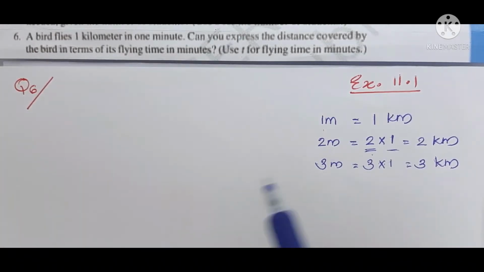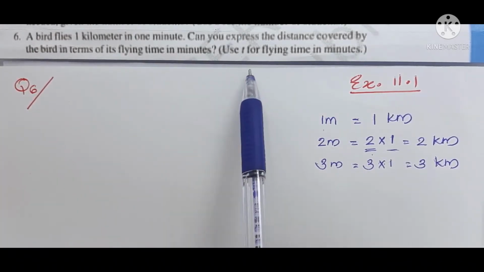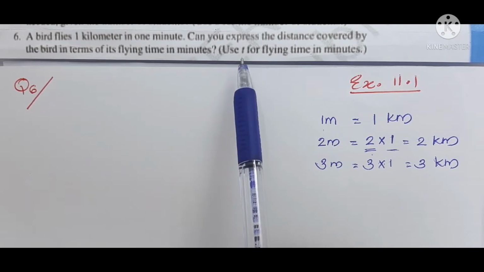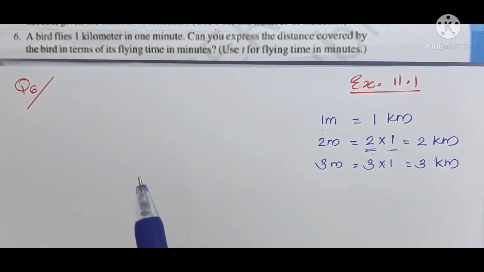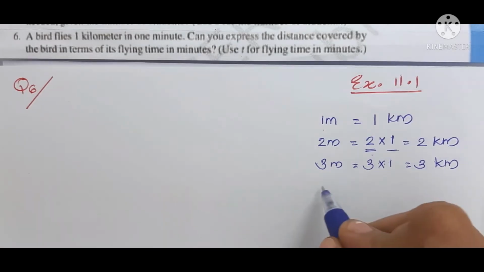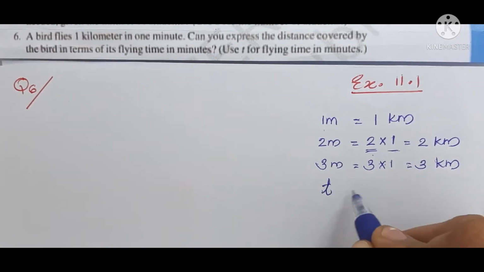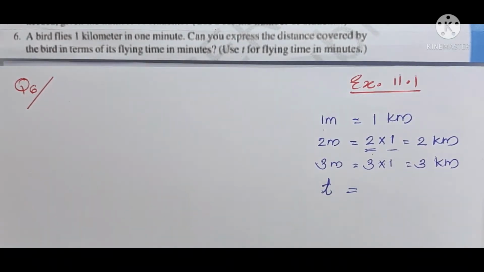So, the question says the bird's travelling time is T, right? So, in the case of T time, how many kilometers will the bird travel?